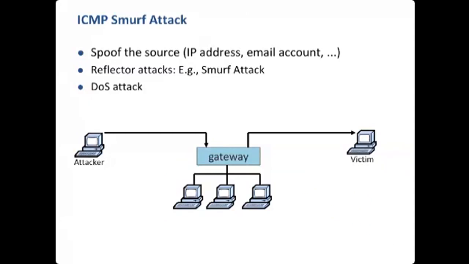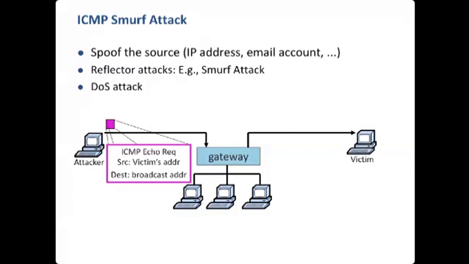The source address is the victim's IP address, and the destination address is a broadcast address, reaching any of the machines on the network. So the source address is the address of the victim at the right-hand side, and the destination address is the broadcast address, the address of all these machines. It will go to all possible machines.